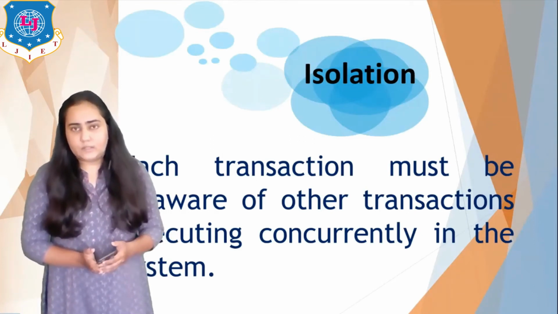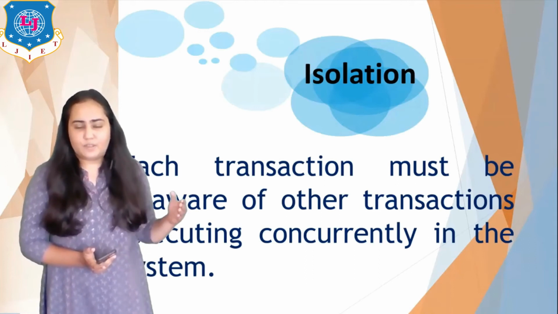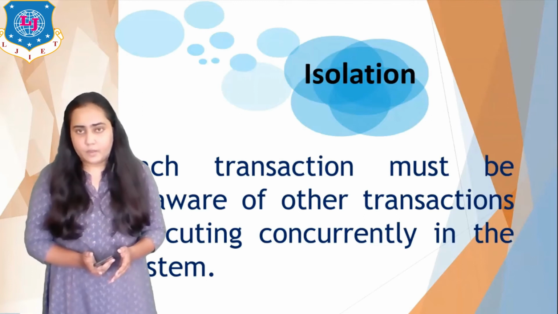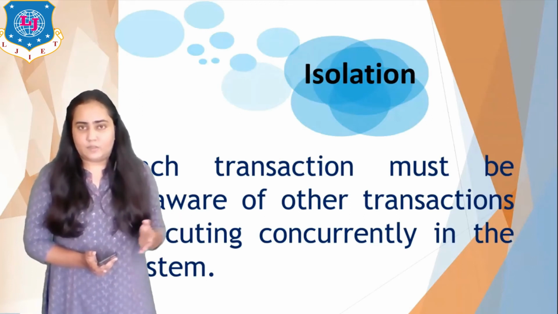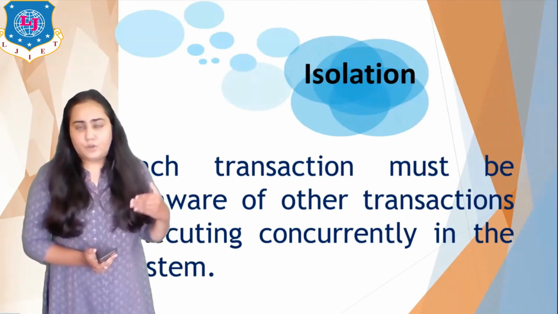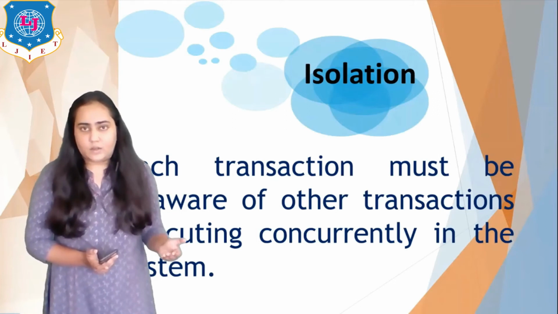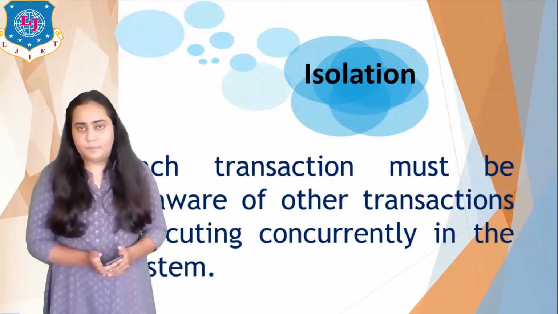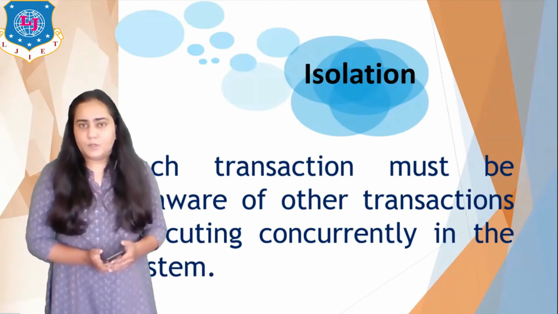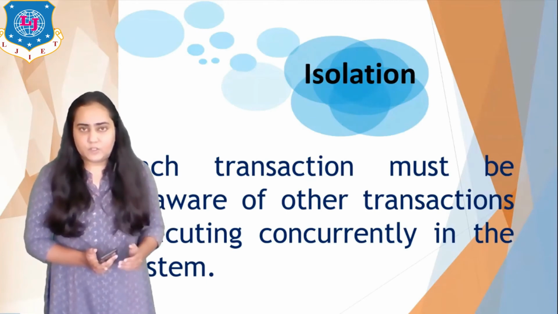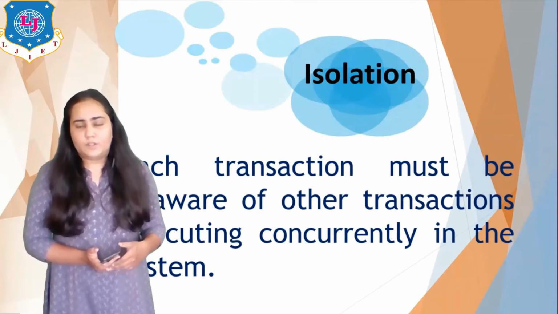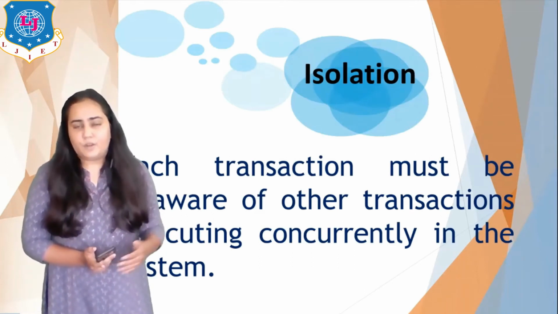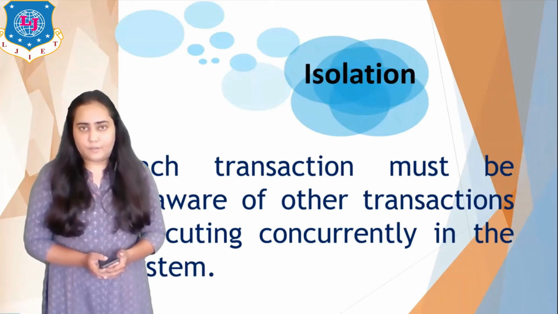So in such cases, you should not be aware of somebody else who is booking the ticket at the same time or performing a transaction at the same time. If you know that somebody is doing it along with you, then that's not a very good system and it can cause problems. So later on, I'm going to tell you the different levels of isolation once we have covered a topic called serializability. But for now, the definition is enough.